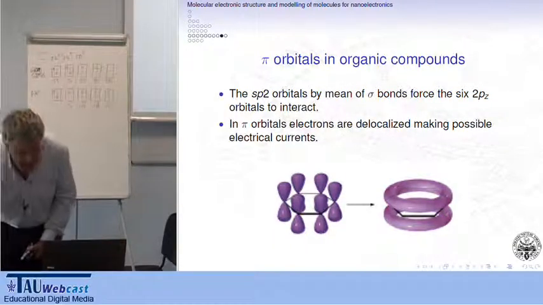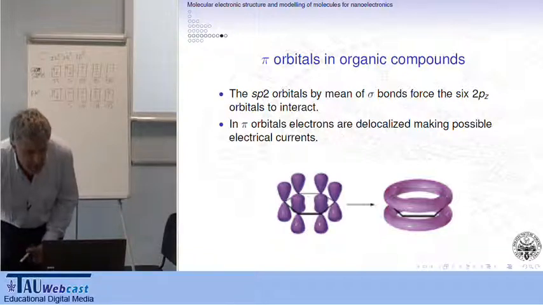The planar structure of the ring is due to the sigma bond between sp2 orbitals, forming a ring.